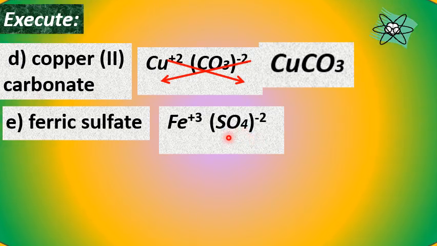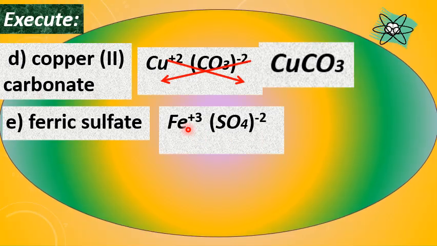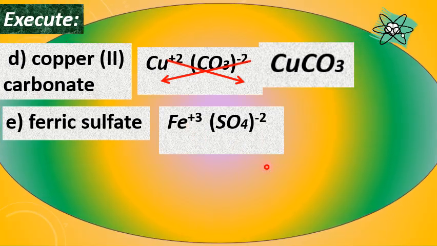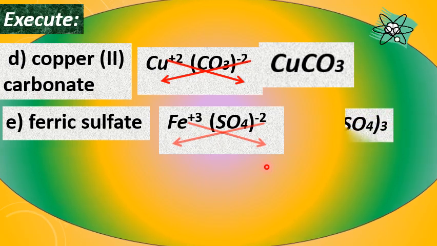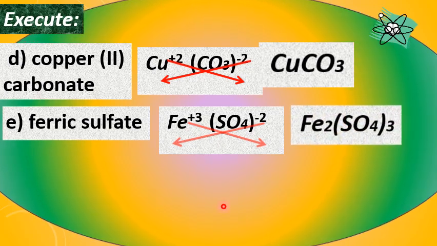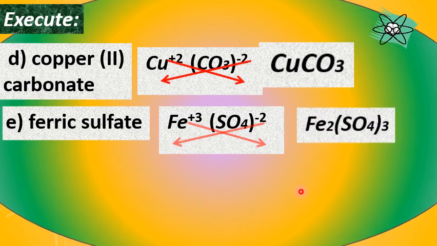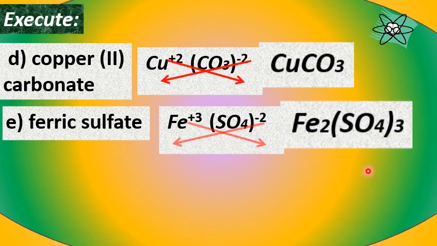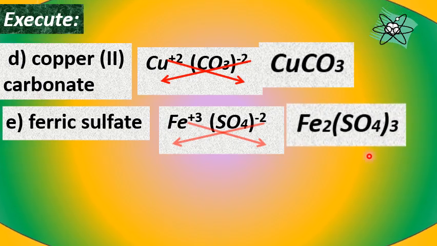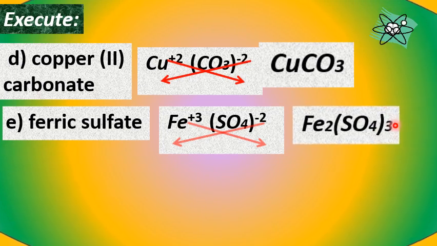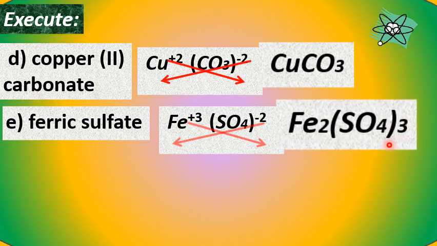When crisscrossed, we will produce the compound ferric sulfate written as Fe2(SO4)3.